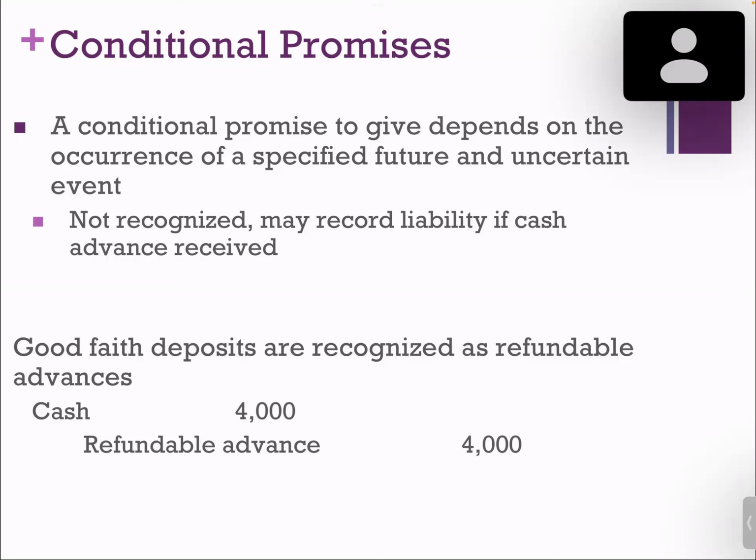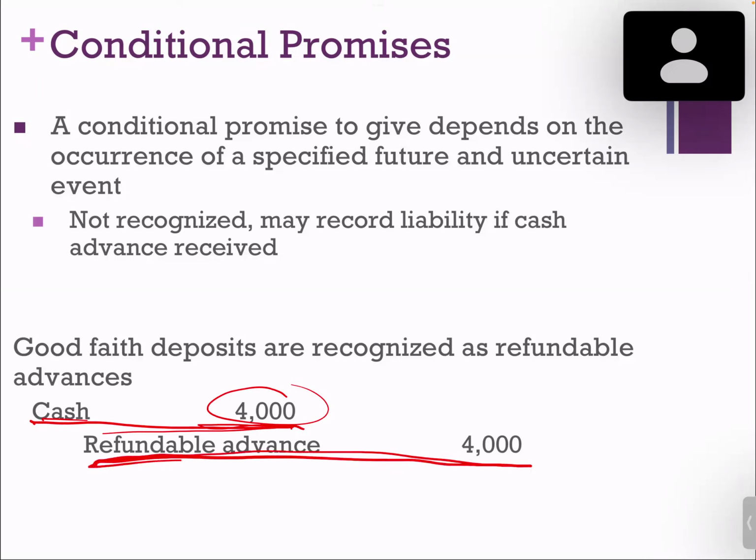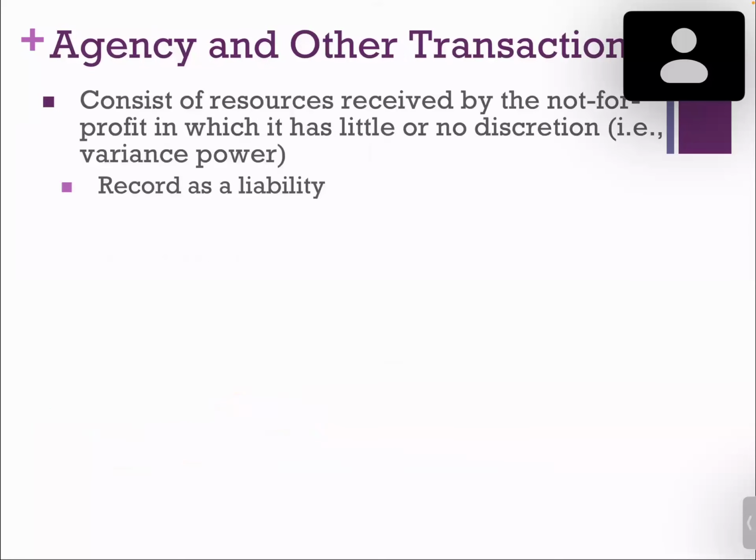So that's the cash we receive. We have to do a journal entry for it, but we need to record it as a liability, because if we don't meet the criteria for the rest of the pledge, then we have to give that money back. So just be aware of that.